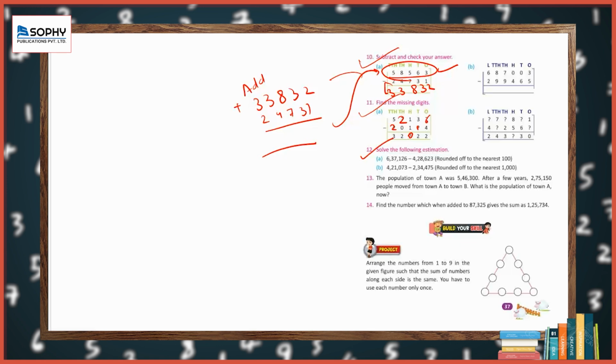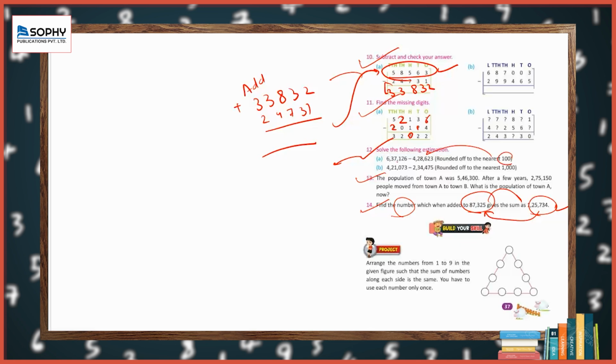Now, in the next one, we have to solve the following estimation, students. In this one, we have to subtract. Again, in this one, we have to find the number which when added gives the sum. That means you will subtract this term from this and you will find the number. So let's look at the 12th one, students. We have to round it off. Firstly, we have to round it off to the nearest 100.